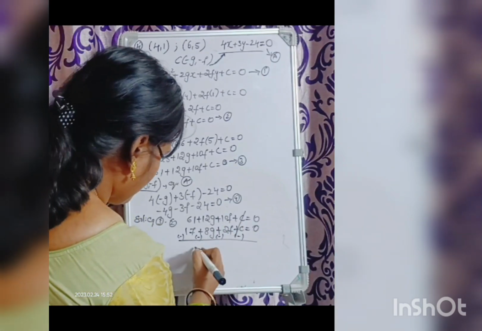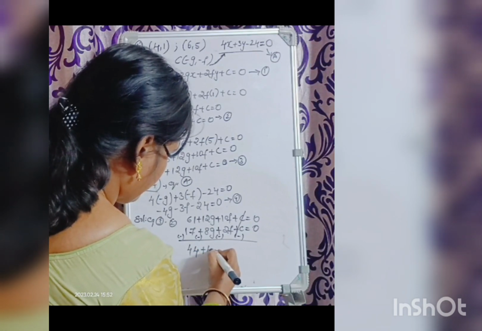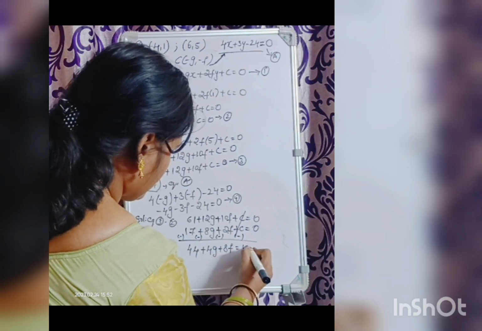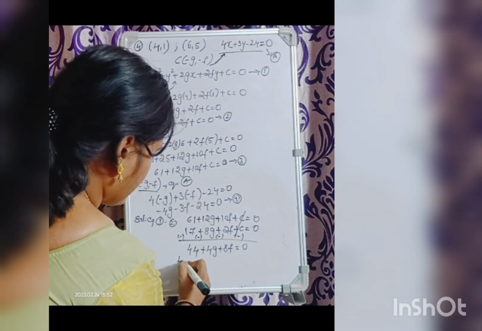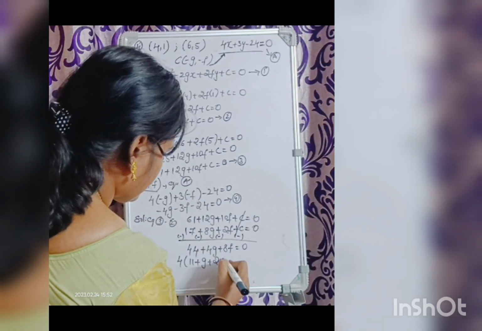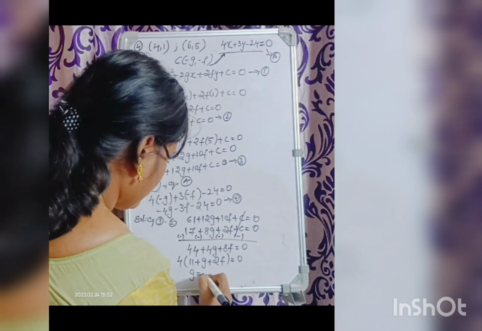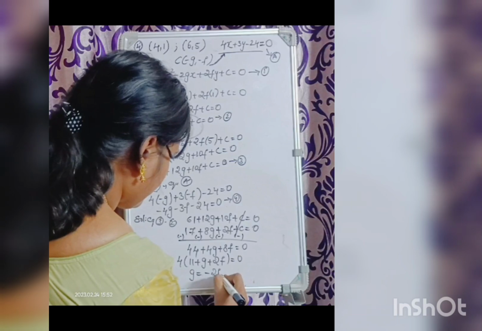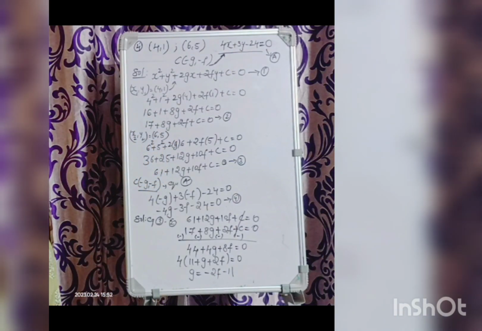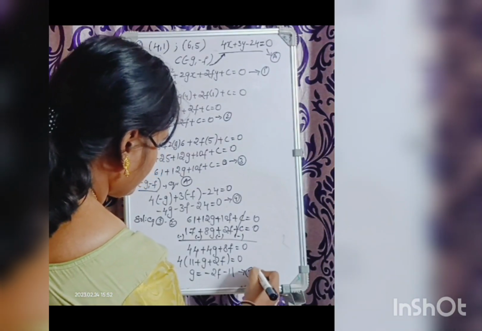So it is simply 44 plus 4g plus 8f is equal to 0. I'll take 4 as a common factor. Now simply g is equal to minus 2f minus 11, right? I'll call this equation 5.